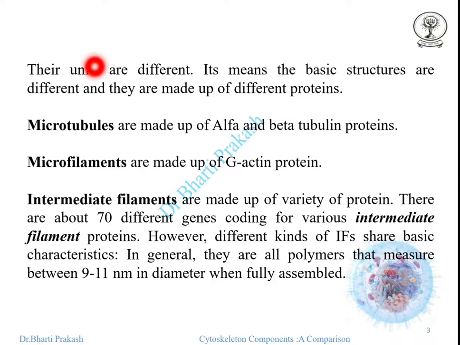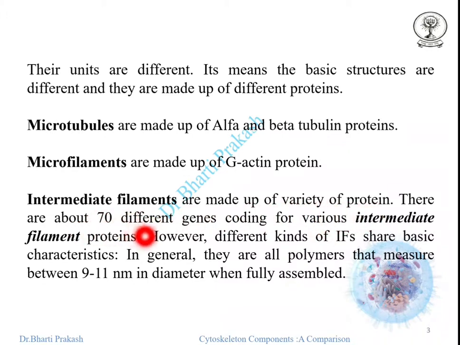The units we studied in the previous lectures are different. That means that the basic structures are different and they are made up of different proteins. The microtubules we saw are made up of alpha and beta tubulin proteins, and the microfilaments are made up of the G-actin protein. The monomers of G-actin polymerize into the microfilaments of F-actin, whereas the intermediate filaments are made up of a variety of proteins.